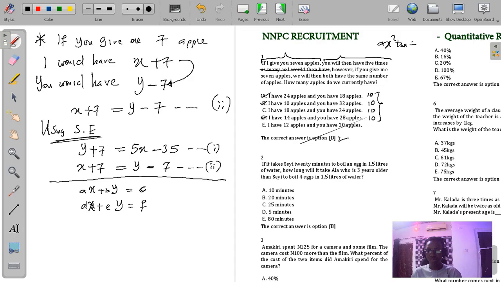So you must understand the arrangement for these two equations. x will come first, then followed by y, and you always have a coefficient. Coefficient means the number that is multiplying that variable is said to be the coefficient for that expression.